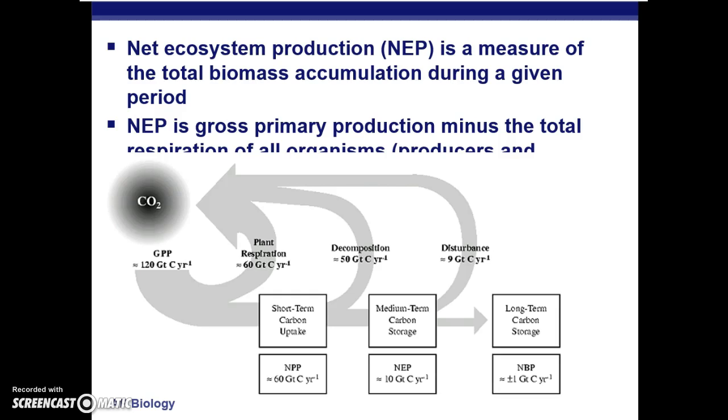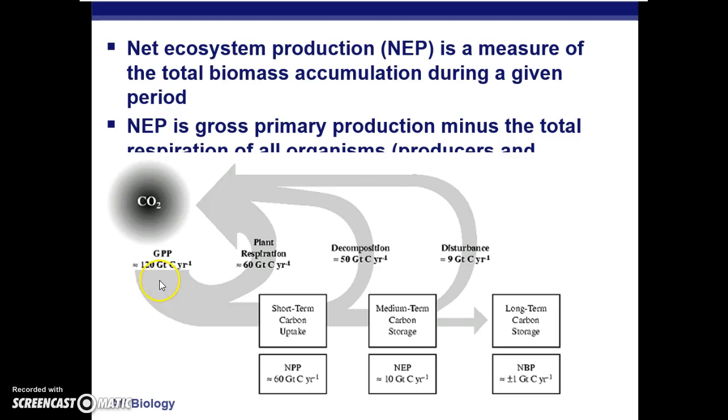And that release and return of carbon back to that reservoir in the atmosphere reduces the net primary productivity to the net ecosystem productivity.